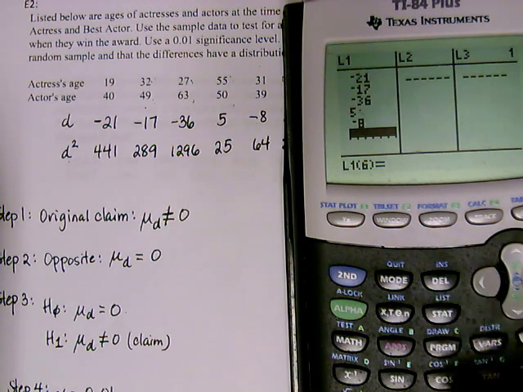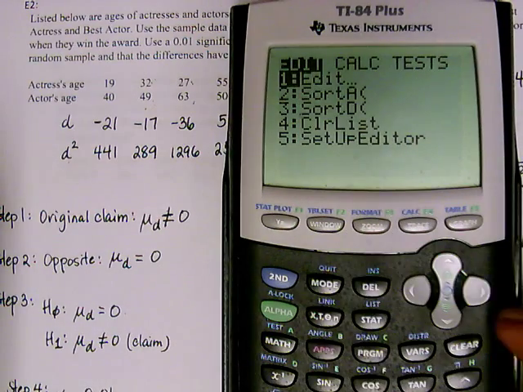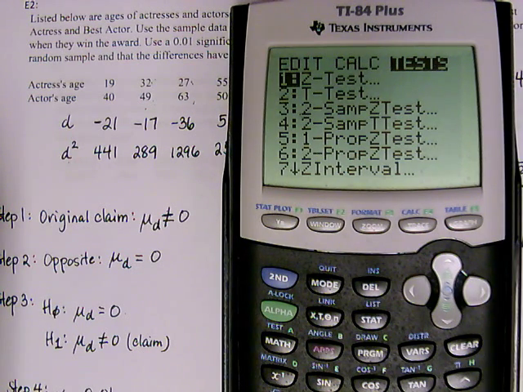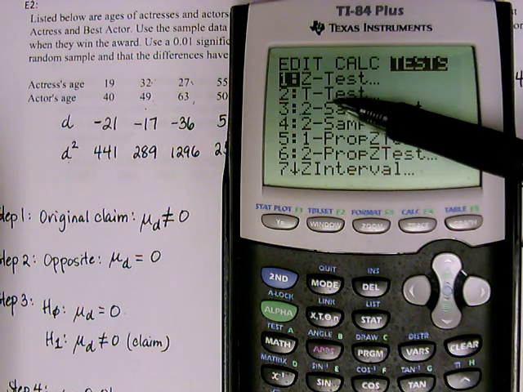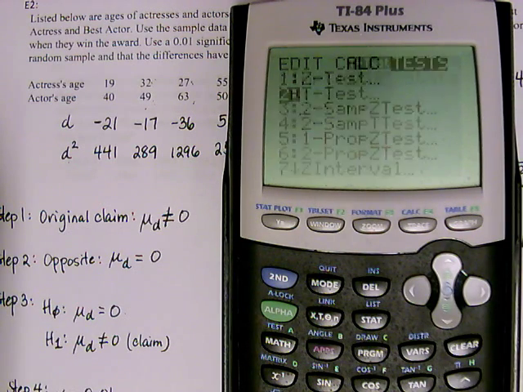The next thing I'm going to do here is press the stat key. Then I'm going to use my right arrow key to highlight the test menu. Now the one that I'm going to select here, since it's a t-test, I'm going to select number 2, which just says, obviously, t-test. So I go down to number 2 and press enter.